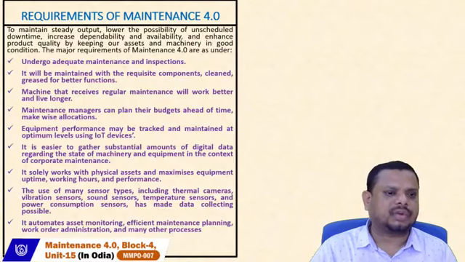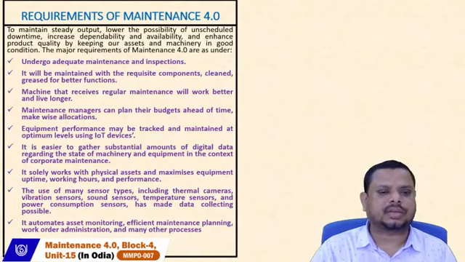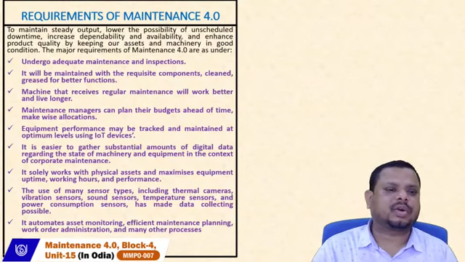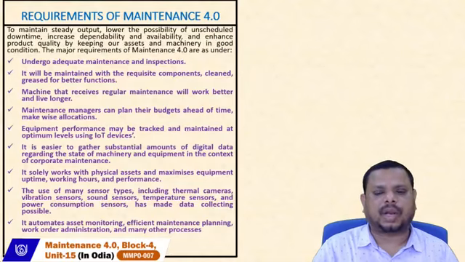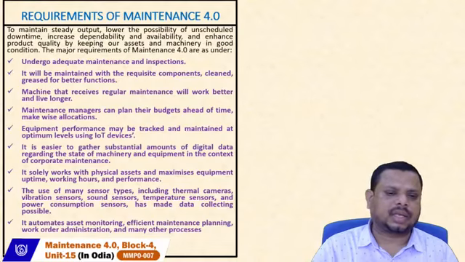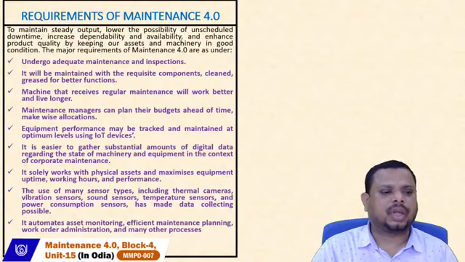The next important point: maintenance managers can plan their budget ahead of time and make wise allocations. Whenever maintenance management implements Maintenance 4.0, they must plan their budget with reference to machines, spare parts, and inventories, allocate various resources, and also take care of time management with respect to Maintenance 4.0.